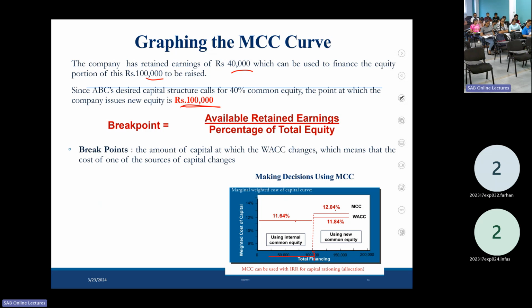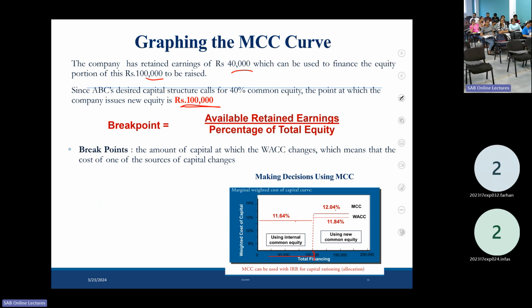Likewise, along this line there will be 100, 200 break points. This is not a fixed number; this is a dynamic number. It is changing. We may calculate using the existing capital, but costs may change with the market situation.